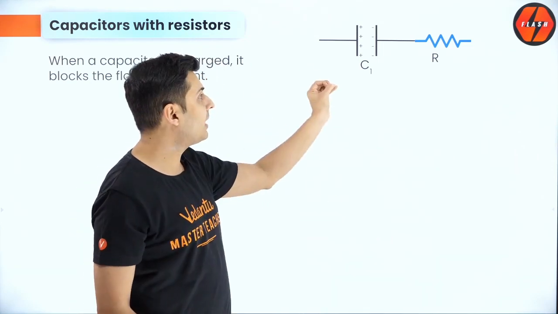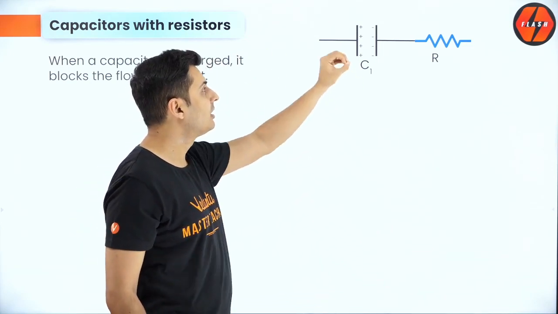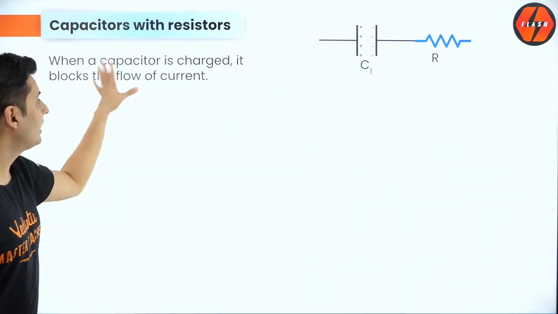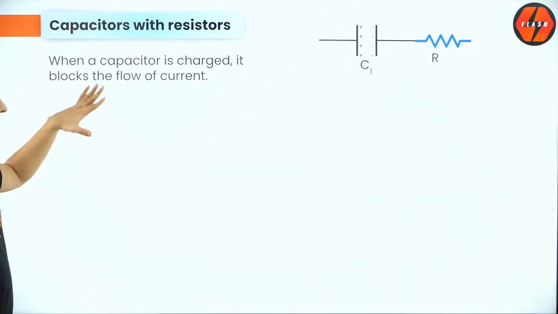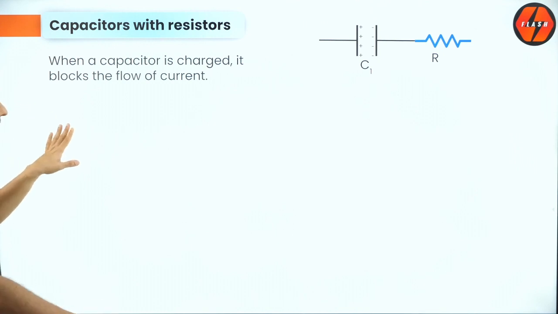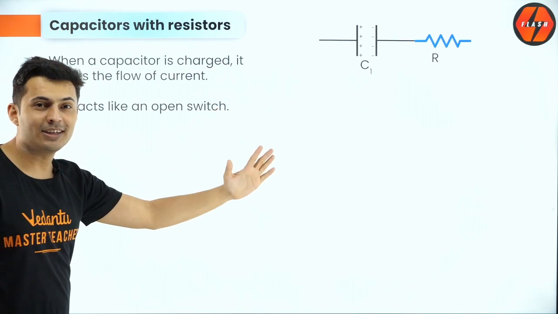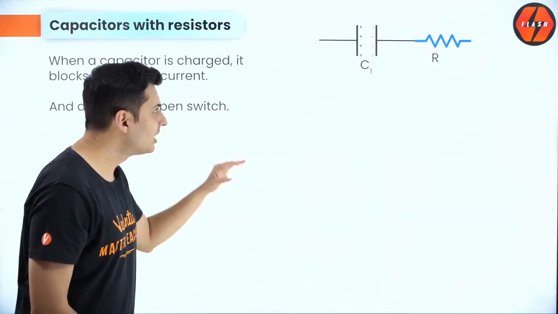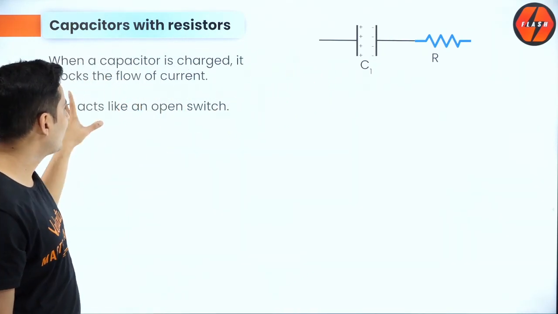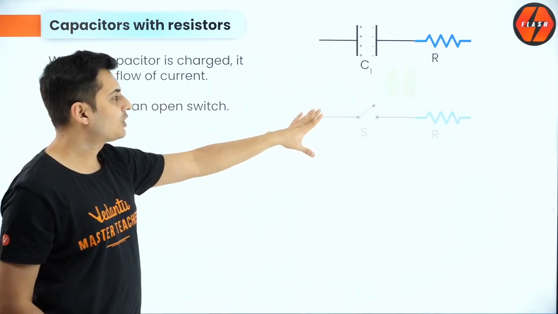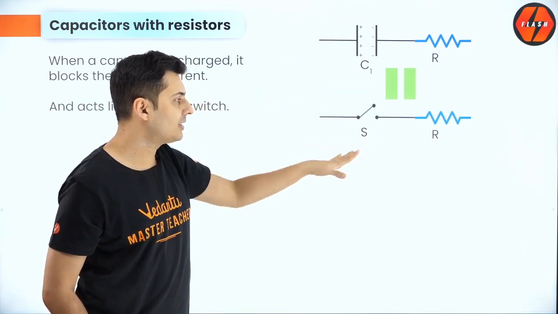When a capacitor is completely charged, there is no flow of current through it. So you can treat that capacitor just like an open switch. A capacitor which is completely charged, where no current is flowing, can be treated like an open switch. So you can just replace it with this diagram.